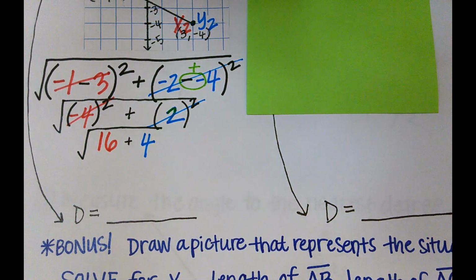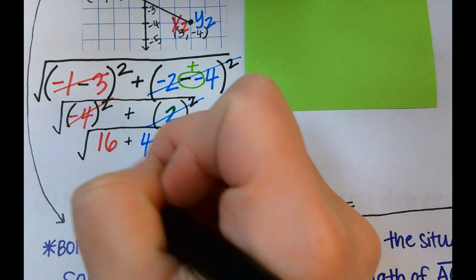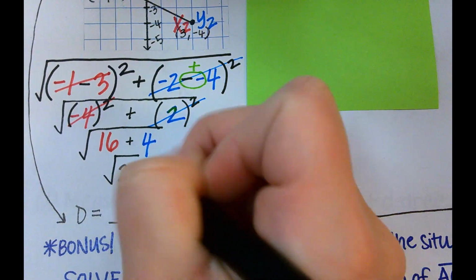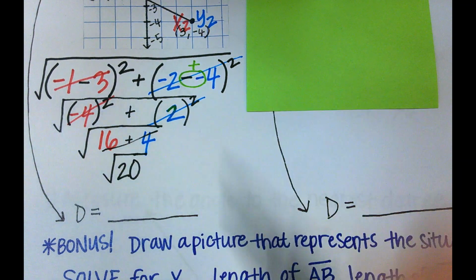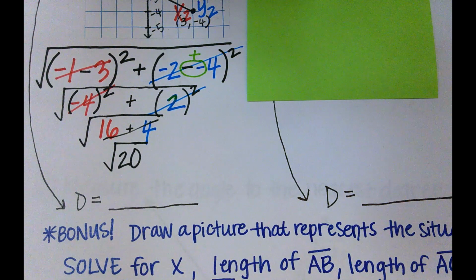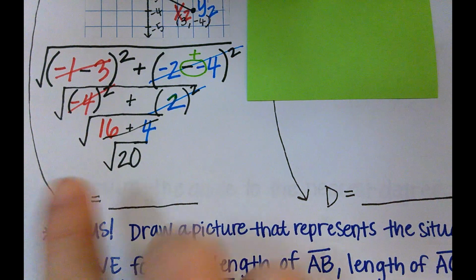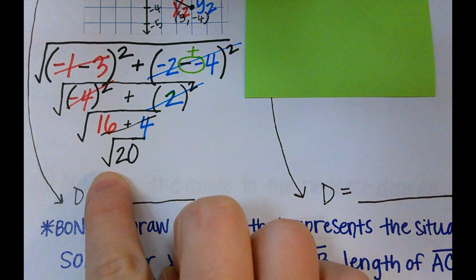Okay. So what do I do now? Take that 16 and 4, which gives me 20. So my last step is to put this in the calculator. We want to do our 20, and we're finding the square root.